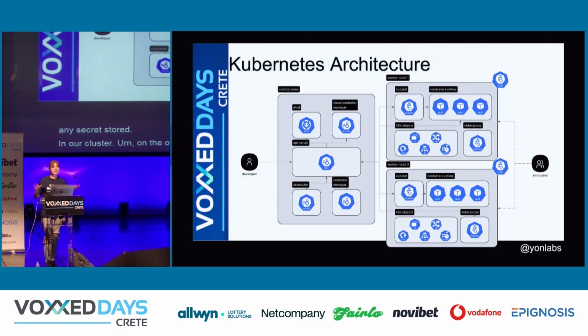So basically, that's where the actual work happens and actual pods are running, right? So similar to API server, we have a kubelet on worker nodes. Each worker node has a kubelet process running. And kubelet is like a manager for this worker node.